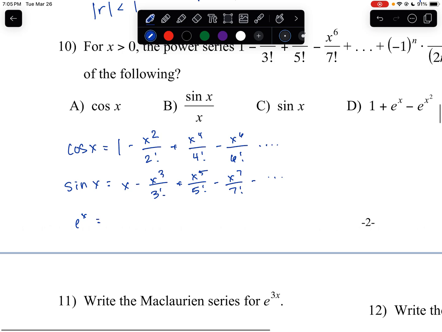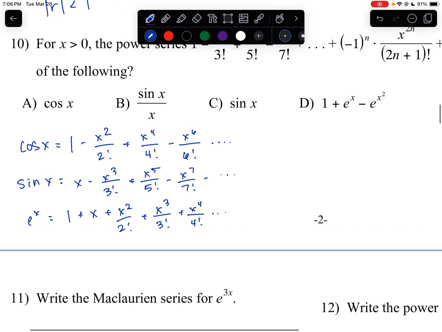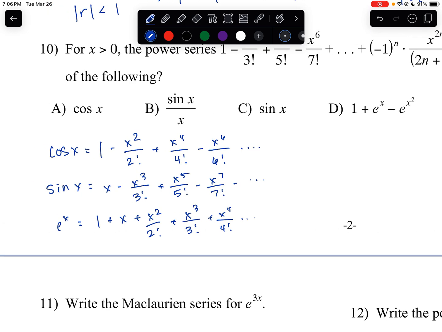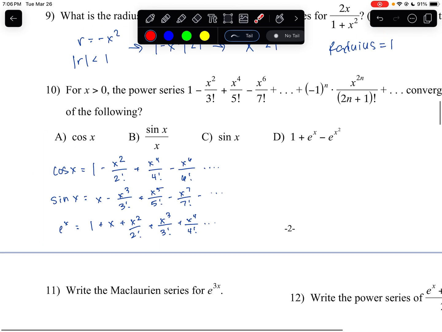And e to the x is not alternating, so it's 1 plus x over 1 factorial plus x squared over 2 factorial plus x to the 3rd over 3 factorial plus x to the 4th over 4 factorial, and so on. They're not too hard to remember, and if you need to remember any, these are the 3 you're going to want.